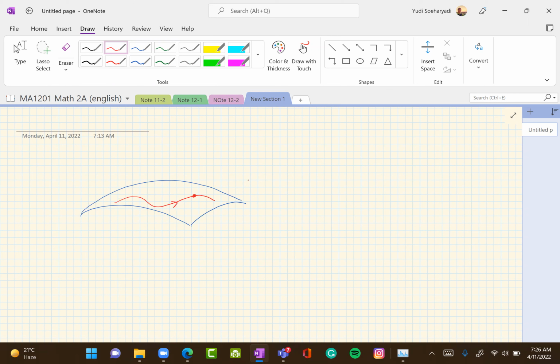This is a path. So this is a parameterized path on surface S. So this is surface S.